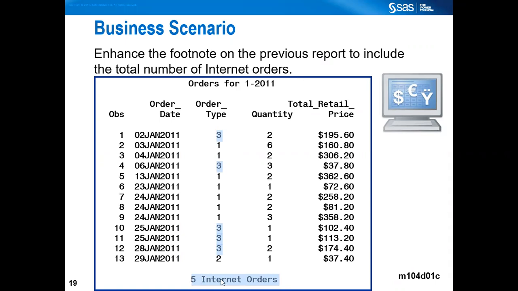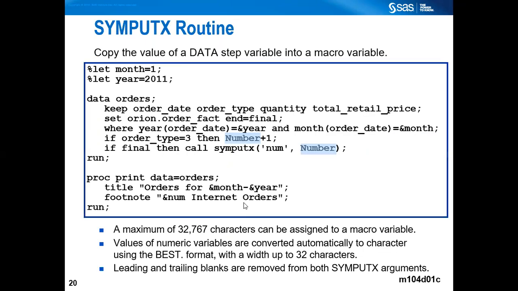So the macro variable which you are creating for the footnote, or foot, is going to take the value for the count of your number variable values for internet. So this value is coming from your data step variable, which is your number. Remember? So see, your number is getting incremented, if you remember. So no need of writing order type for other statements.